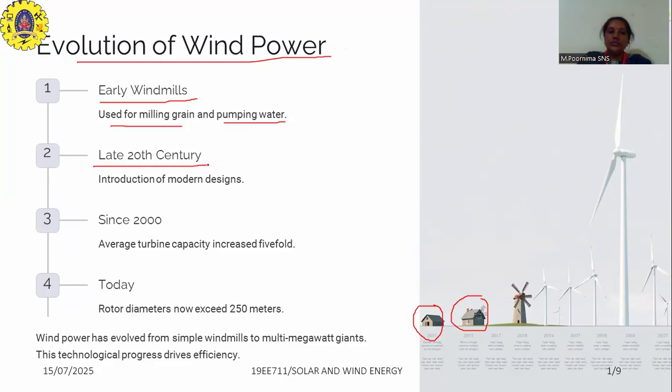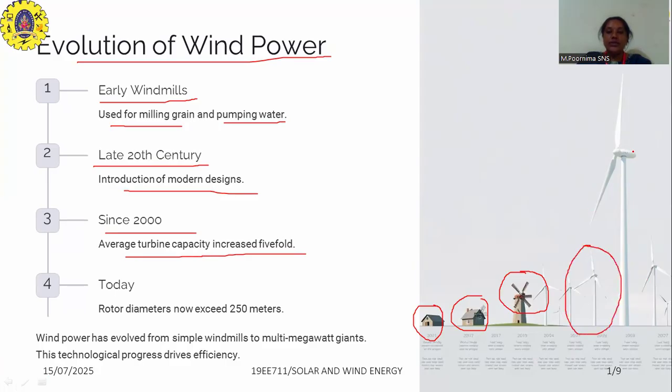Later, in the 20th century, there came the introduction of modern designs. After the 20th century, we see some modern designs. Since the 2000s, the average turbine capacity has increased fivefold, greater than fivefold.